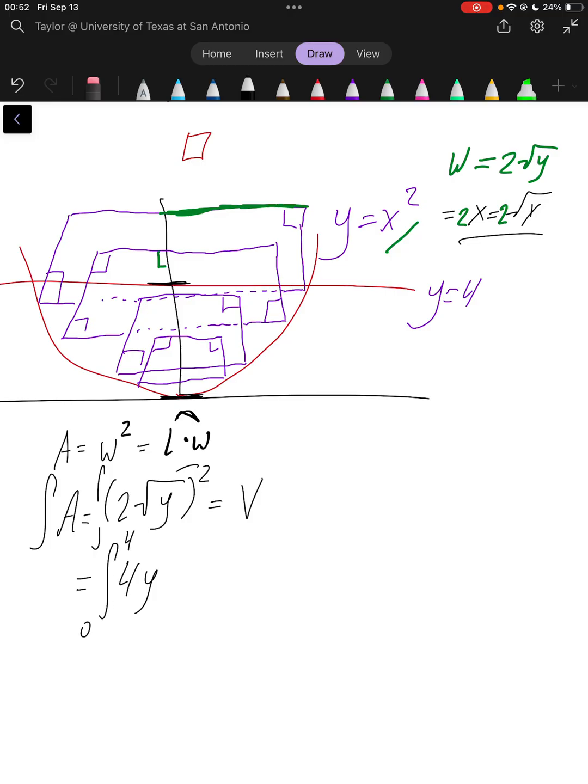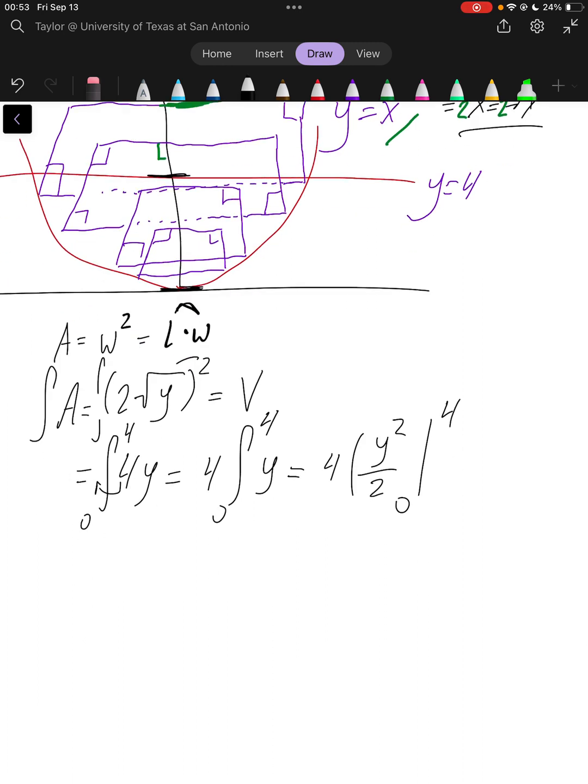Evaluating this integral, and pulling the 4 out, I get 4 times the integral from 0 to 4 of y, which equals 4 times y squared over 2 on the bounds 0 to 4, which gives me 16 over 2 minus 0 over 2, times 4.